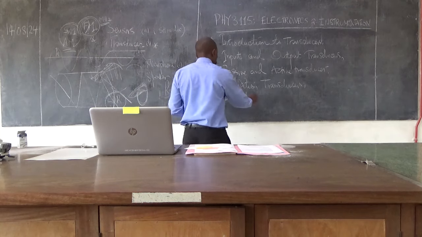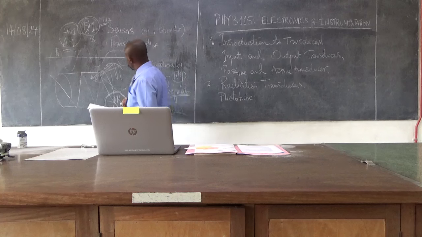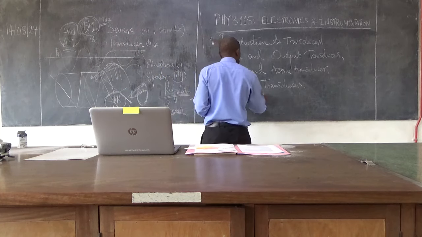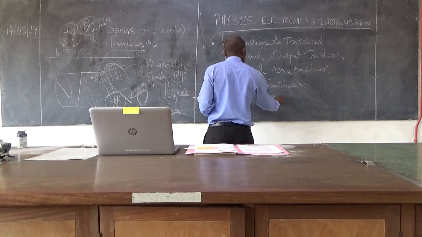Then we have this one which I drew here, of these electrodes, that multiplies your signal, a photomultiplier.